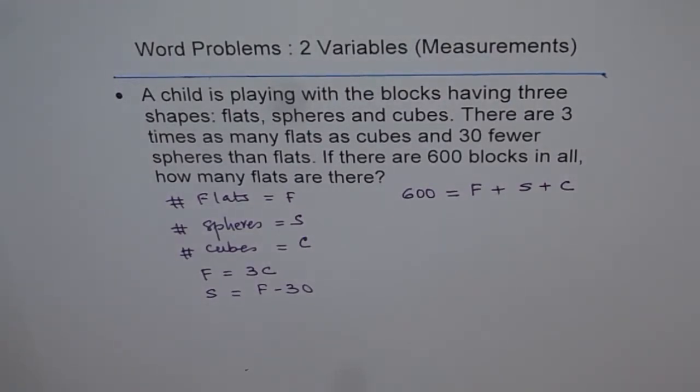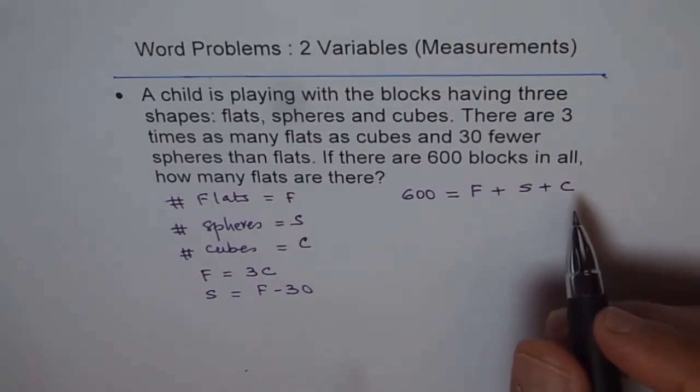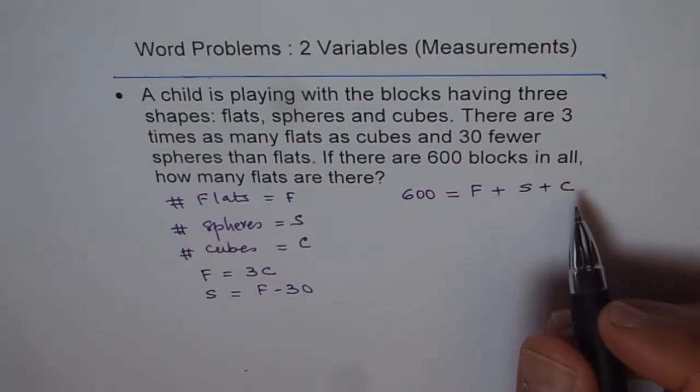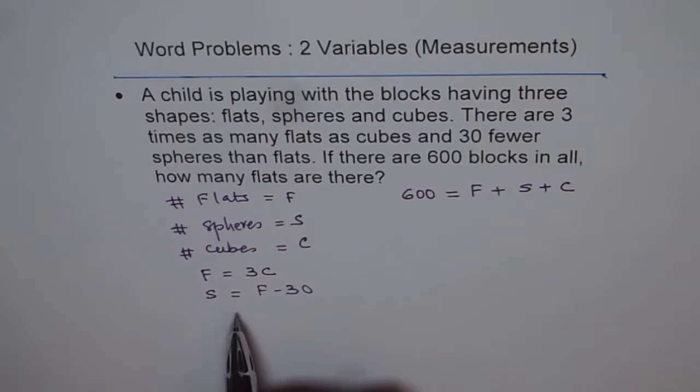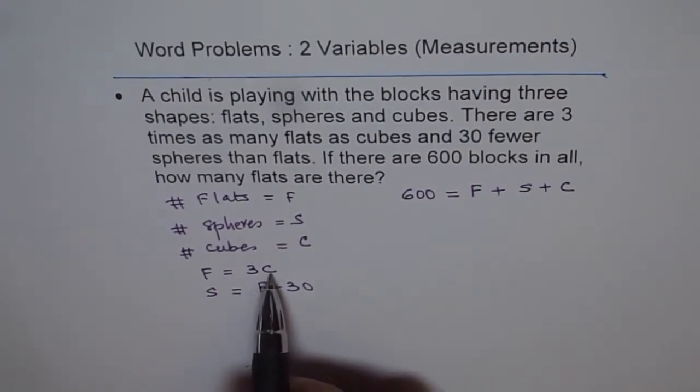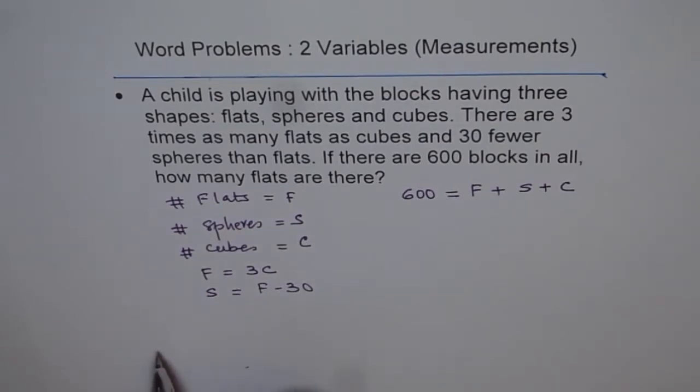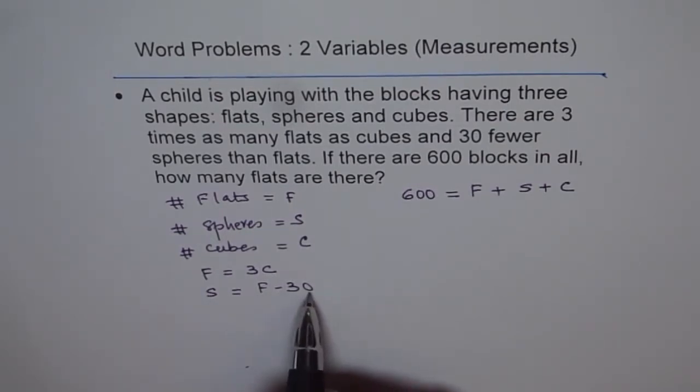Now we need to find the values of the variables which we have defined. What we should do is write these variables in terms of one variable. We can write everything in terms of, let's say, f. For example, c is 1/3 of f, and s is f minus 30.